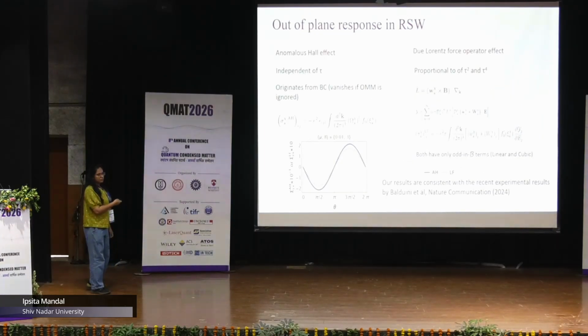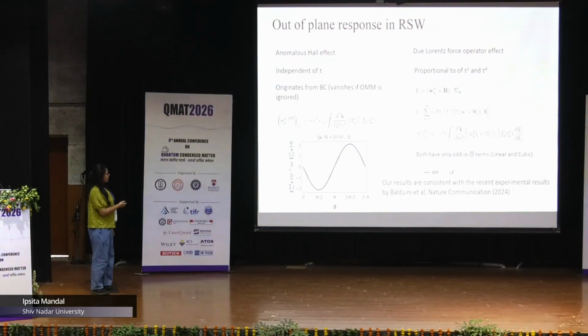So we have also calculated transverse response within the plane, which I am not showing keeping in mind time constraint, and the out of plane response we also get, which can be attributed to anomalous Hall effect and due to Lorentz force operator induced effect. The reason I am calling it an operator is because they have defined this Lorentz force operator which acts recursively on everything that appears to its right.